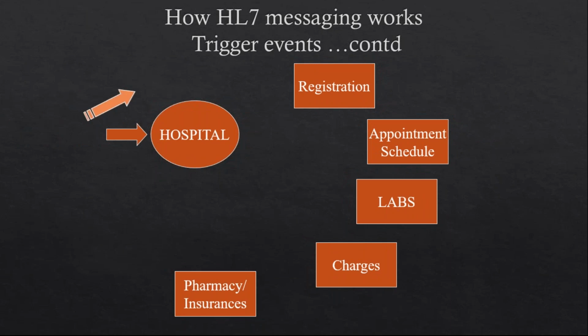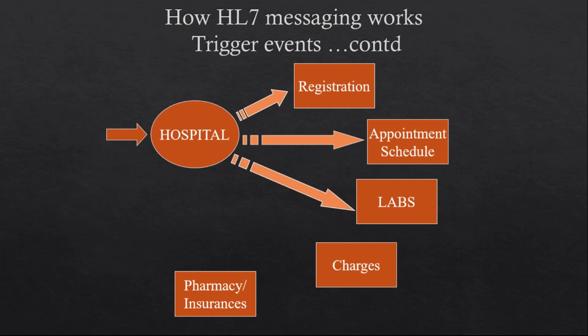So what are the possible broad events happening in the hospital workflow? They are patient registration, appointment scheduling, and labs, which is placing orders or receiving results from the labs. Next we have charges, which communicate charge-related information from the EHR to the PM system and also from the lab to the PM system.